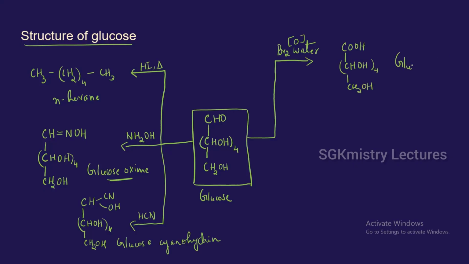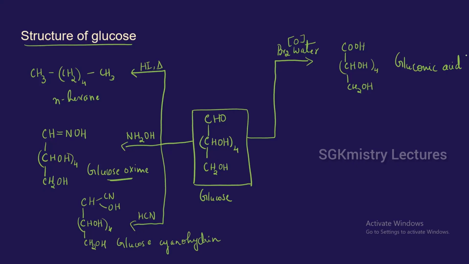So it was observed that gluconic acid was formed as the product. From glucose, gluconic acid was obtained when bromine water was used for the oxidation of glucose. So the CHO group was converted into the COOH, or the carboxyl group, obtained from the aldehyde group.